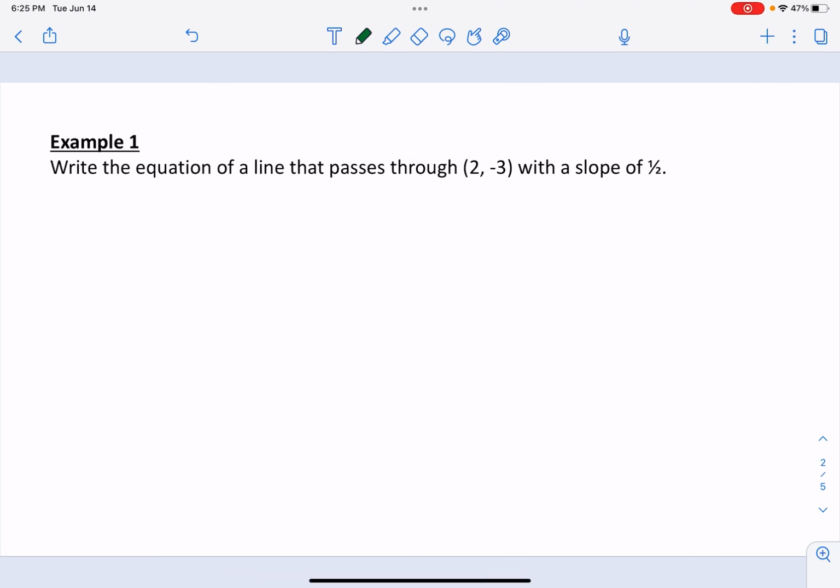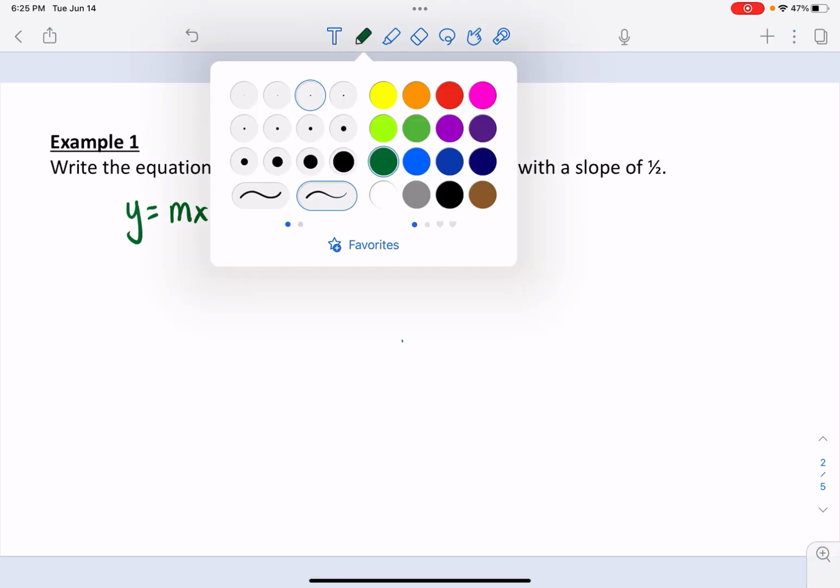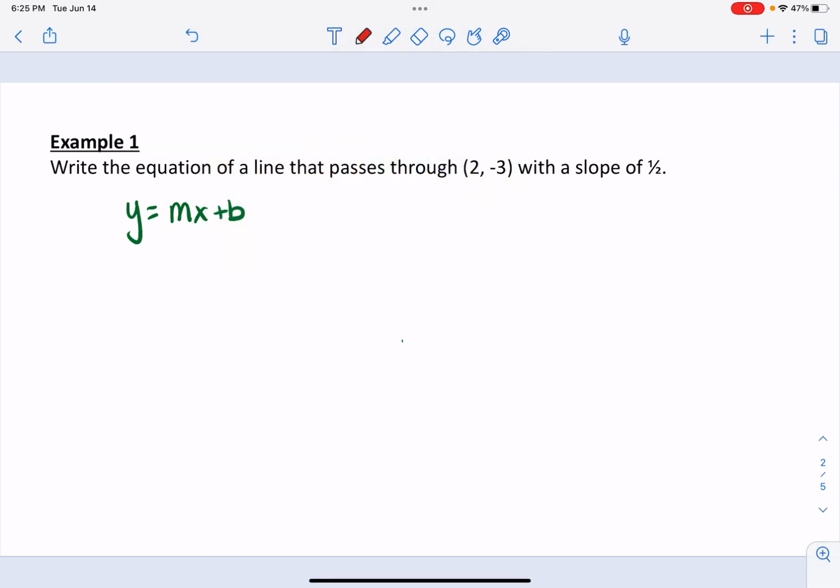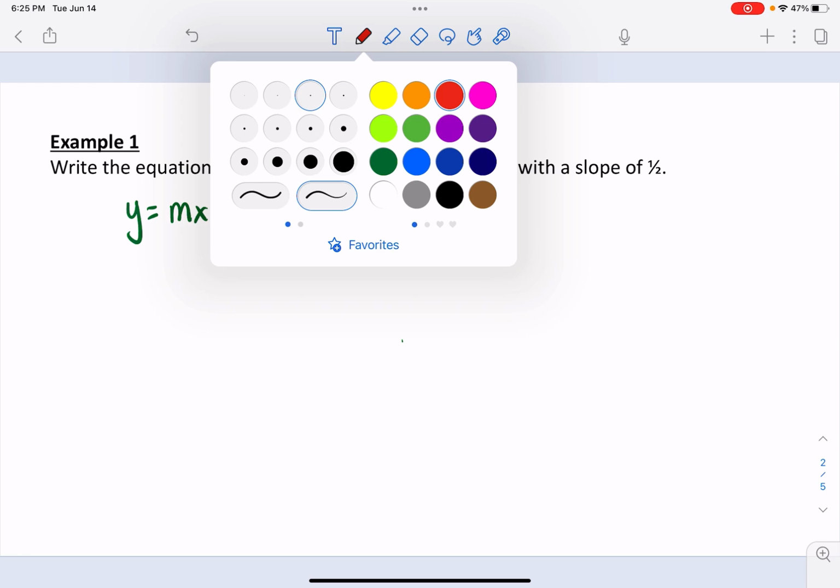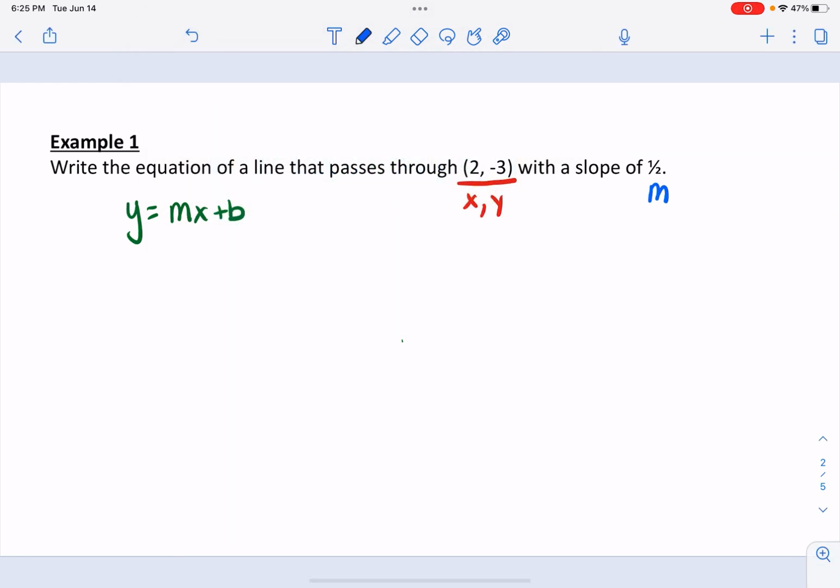Okay, so I need to write the equation of a line that passes through (2, -3) with the slope of 1/2. So we have y equals mx plus b. That's my point, that's my x and my y. I have my slope, which is the m, which is 1/2. So I start now filling in.